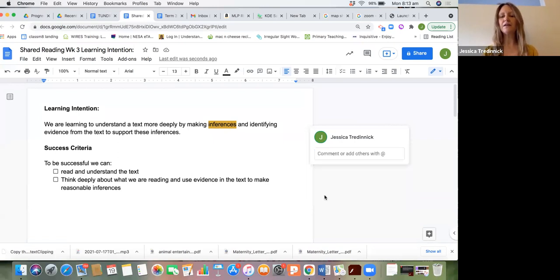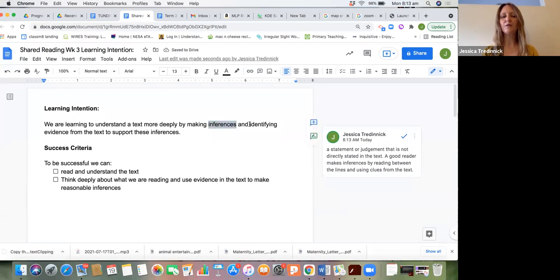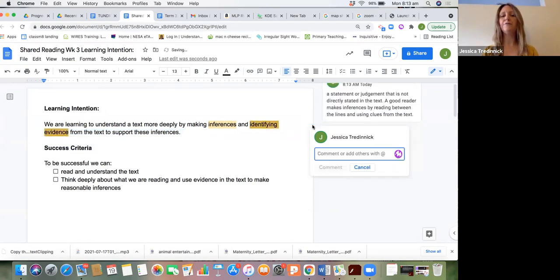And when we make an inference, we really do need to identify evidence from the text to support that inference. So if you're identifying evidence, you're actually looking for directly stated information in a text which helps you to make that specific inference.